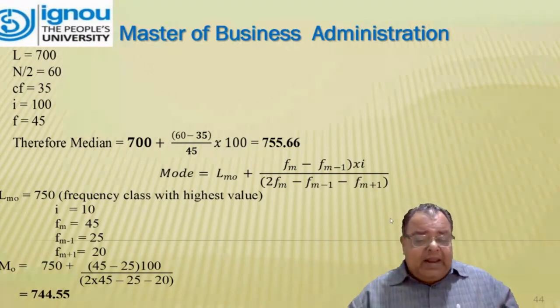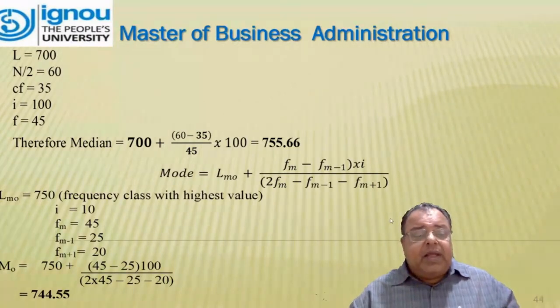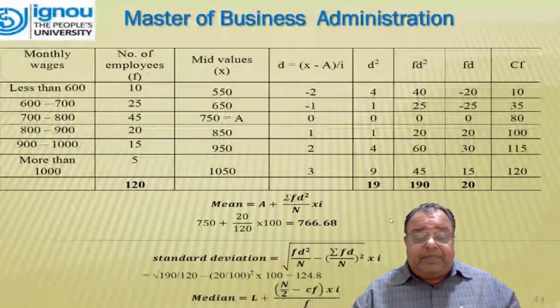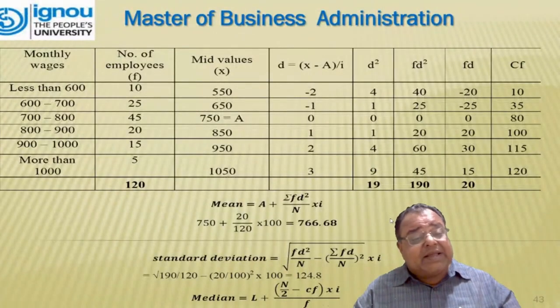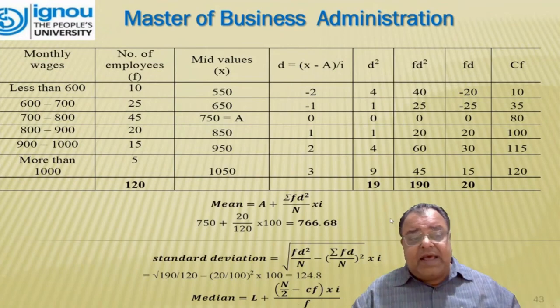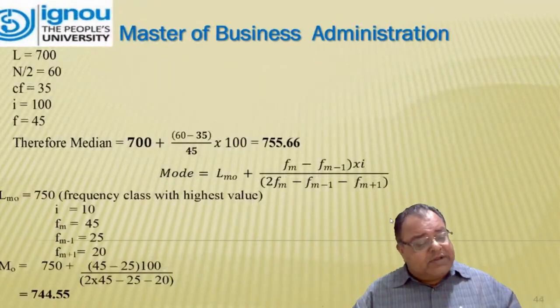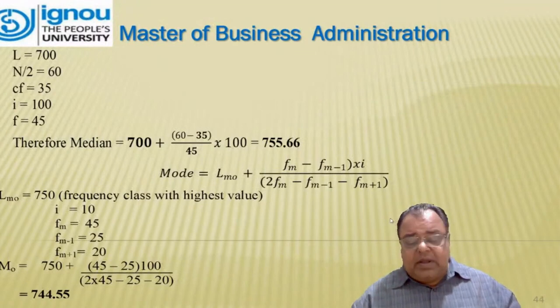Then comes your mode. Mode is L plus the fraction with FM, FM minus 1 and FM plus 1. This formula is known to you. We have to see the column of frequency having the maximum frequency. Maximum frequency is 45. That means your modal class will be 700 to 800. L is 700.